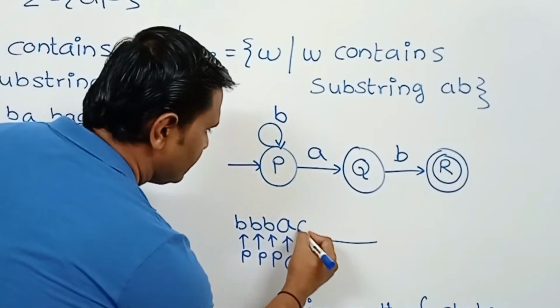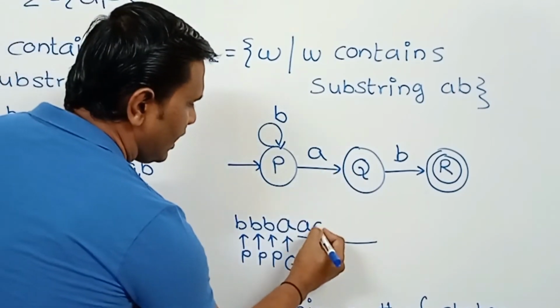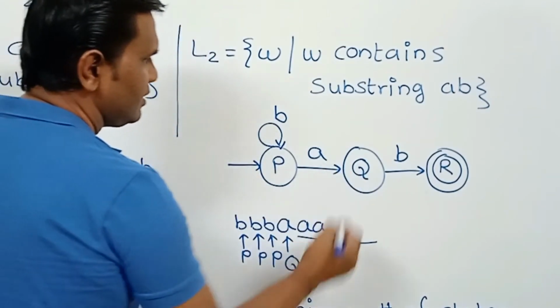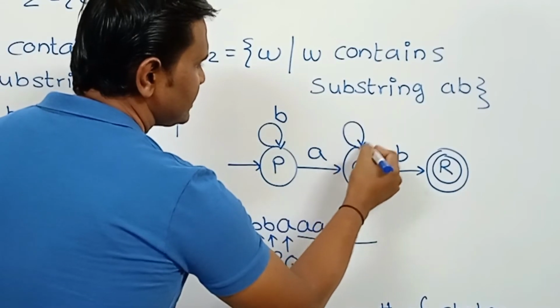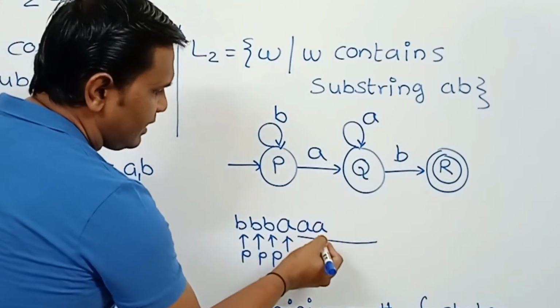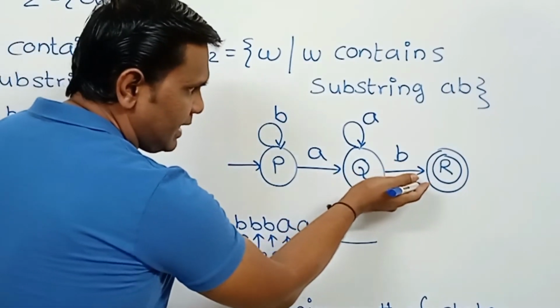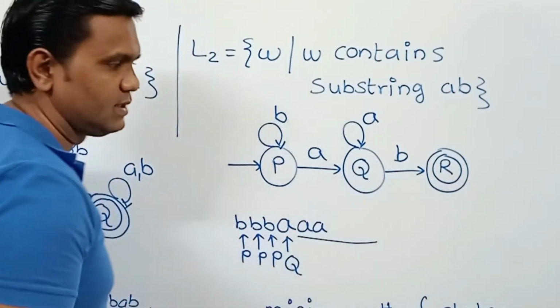But what if A comes? Once you reach state Q, as long as A's are coming, you remain in the same state, because using the last A, you can get some B and reach the final state.